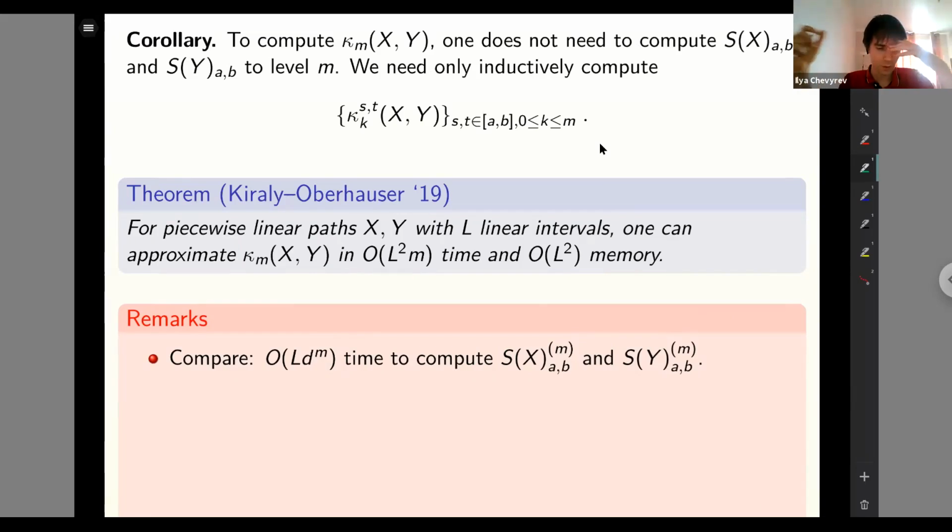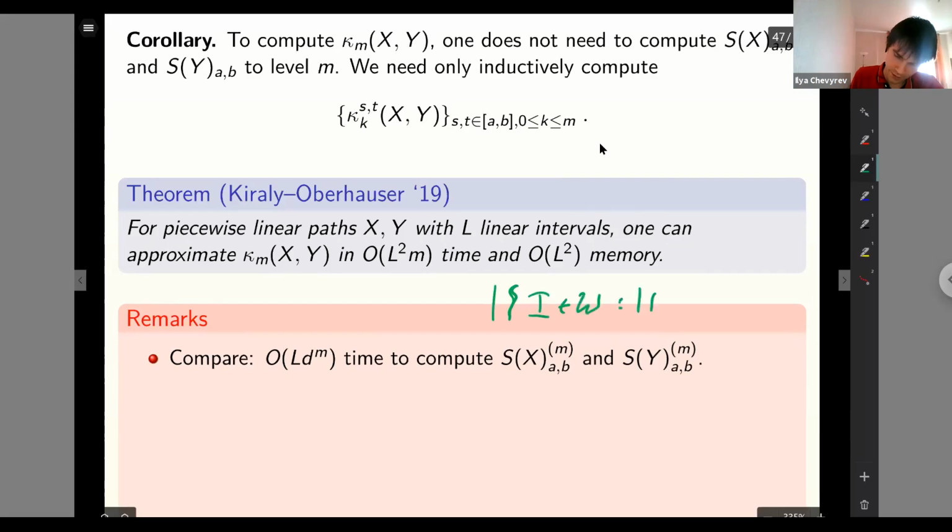Well, to compute the signature to level m, the number of words at level m, the cardinality of I, the words that have length m, is equal to d to the m.